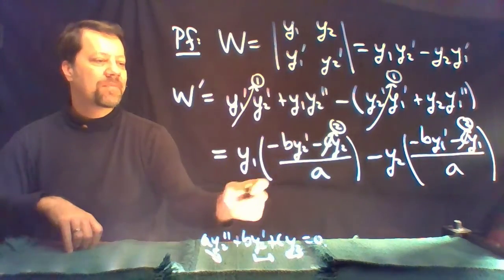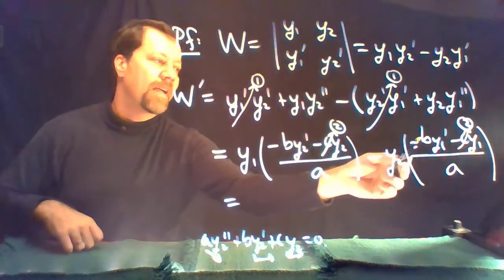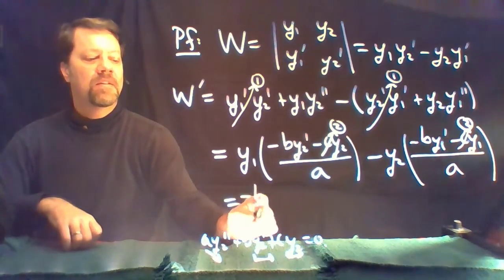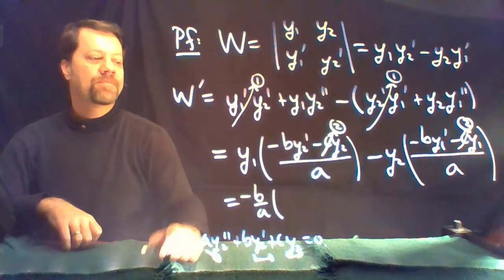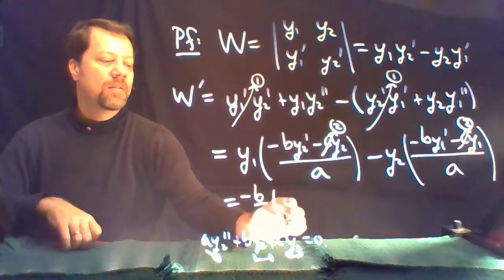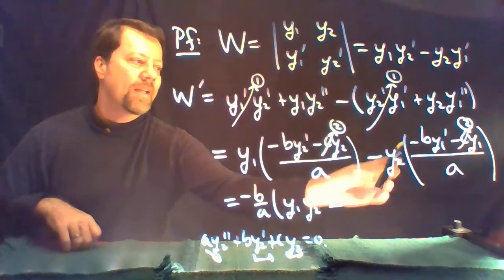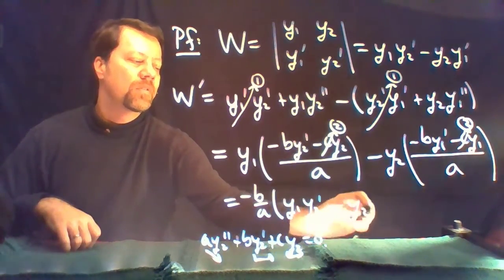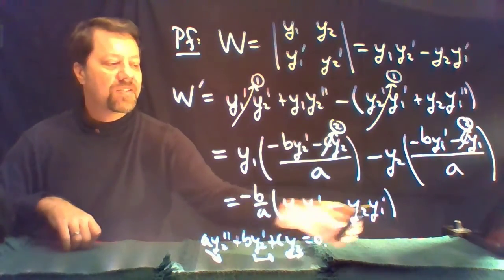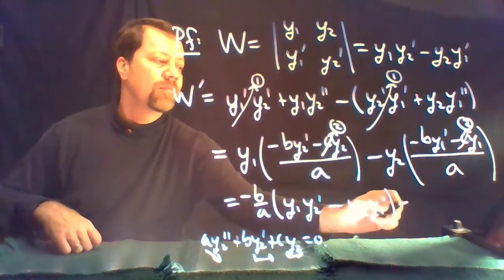What's left has a minus b over a here and a minus b over a here. I can factor out minus b over a. What's left is y1 times y2 prime minus y2 times y1 prime. But this is the Wronskian.